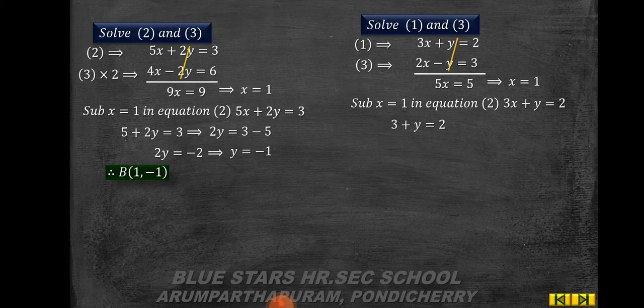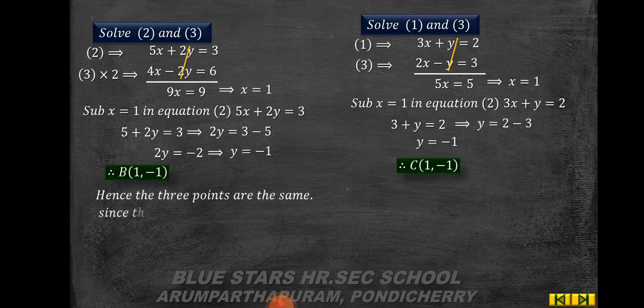So, 3 into 1 plus y is equal to 2. Therefore, y is equal to 2 minus 3. The value of y is minus 1. Therefore, the C coordinate is 1, minus 1. Hence, the 3 points are the same since they are collinear. Therefore, the area of the triangle is equal to 0.